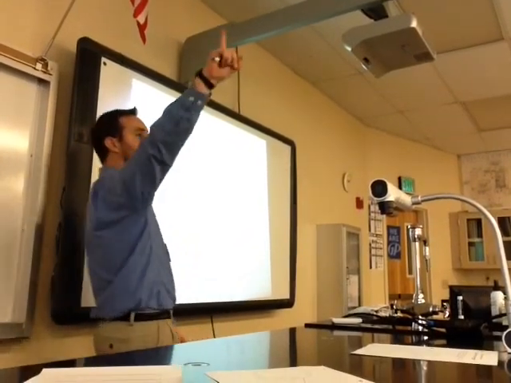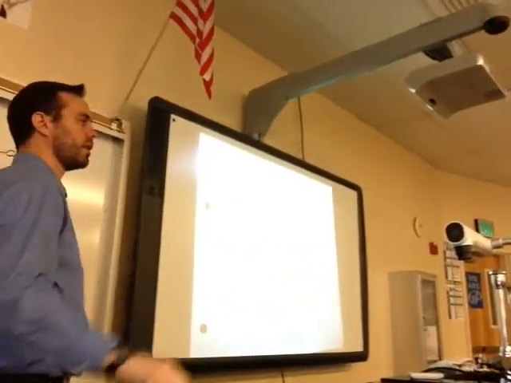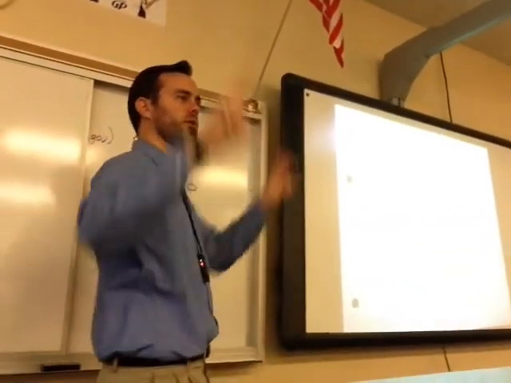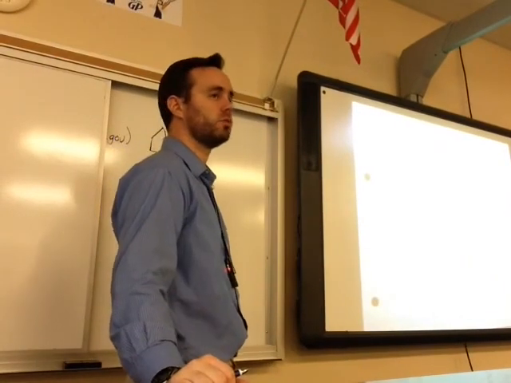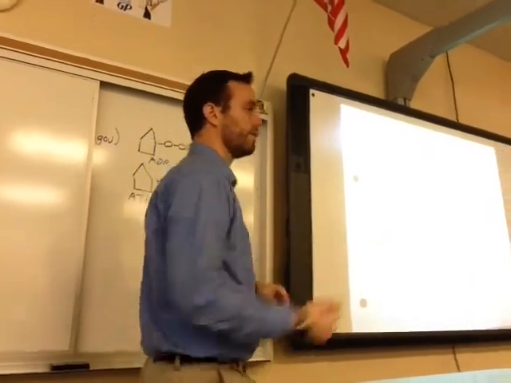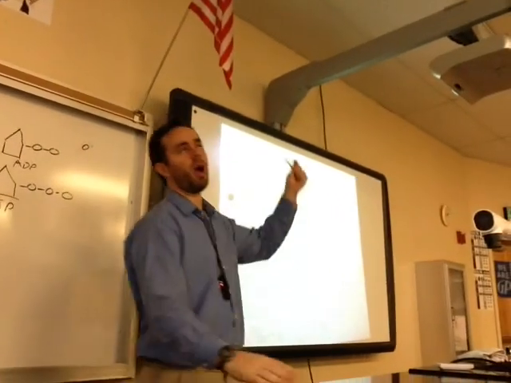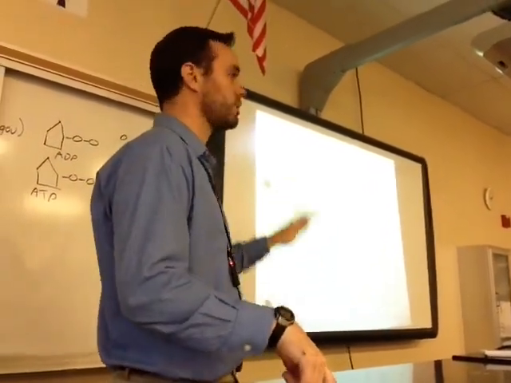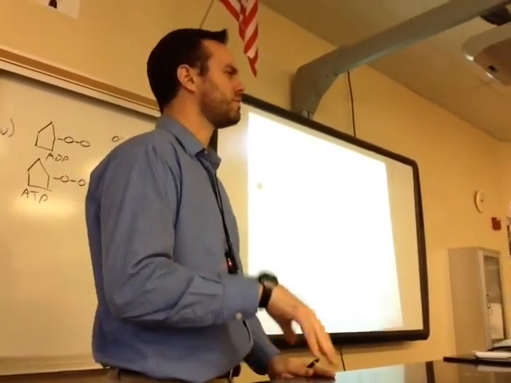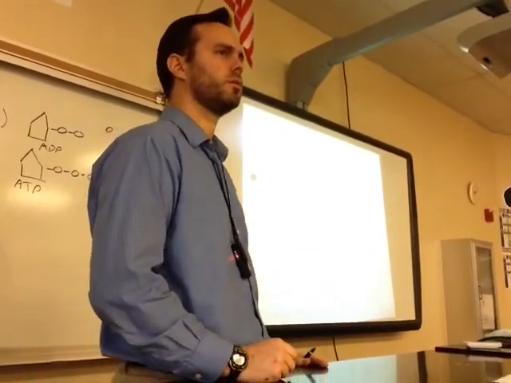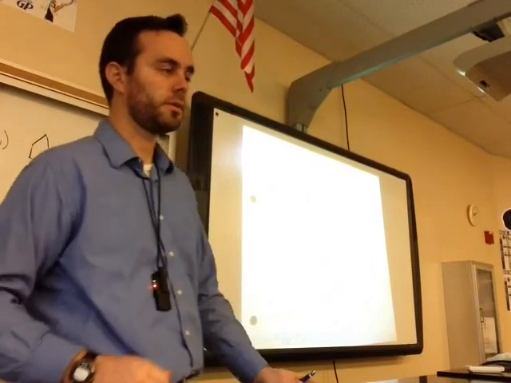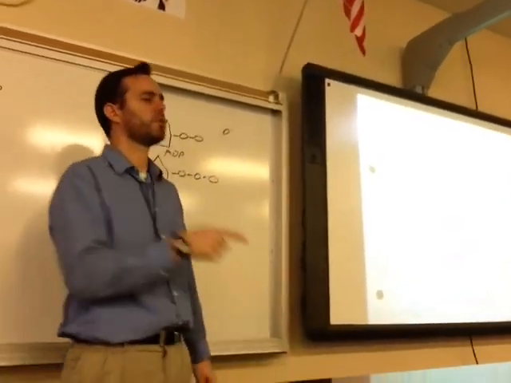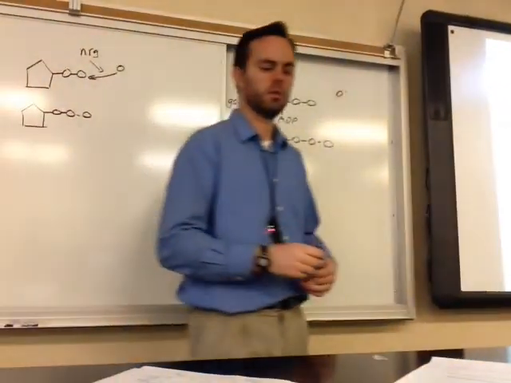So for every 1 glucose that enters into the Krebs cycle, how many times does the Krebs cycle spin around? 2 times, right? 1 for each half of it. For every molecule of glucose that enters into this process, how many molecules of CO2 are released? You've got the answer to this, so look, don't guess.